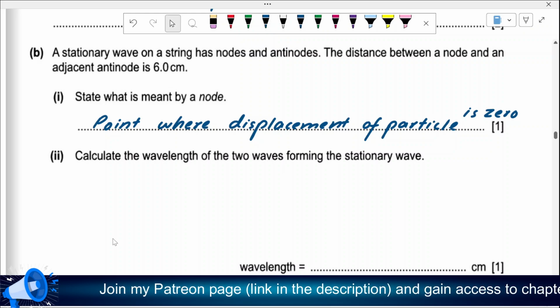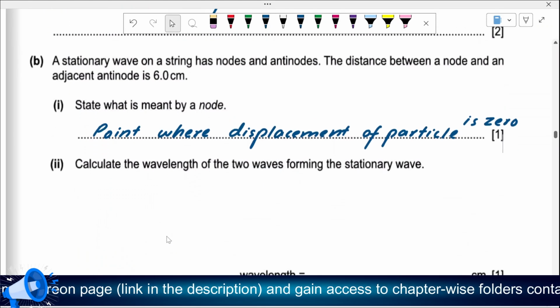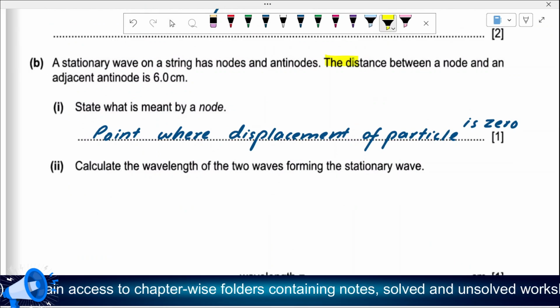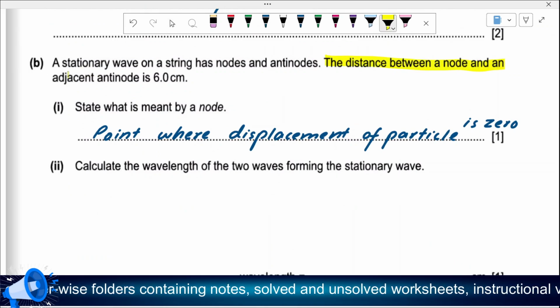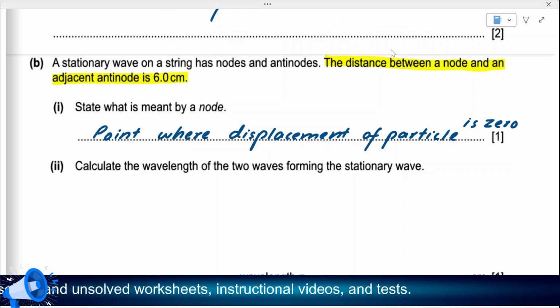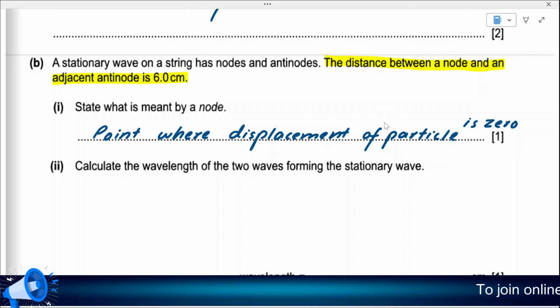We must be given the diagram here. Okay, we do have the description. The distance between a node and the adjacent antinode is 6 centimeters. Now that's a very good thing, that we are provided with the distance between the node and the adjacent antinode, meaning consecutive node and antinode.